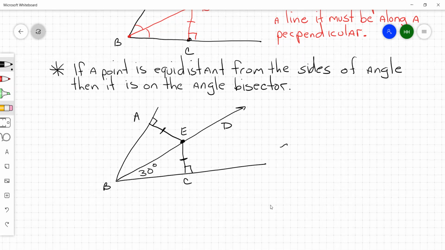What is the measure of angle ABE? Okay, that would be 30 degrees.